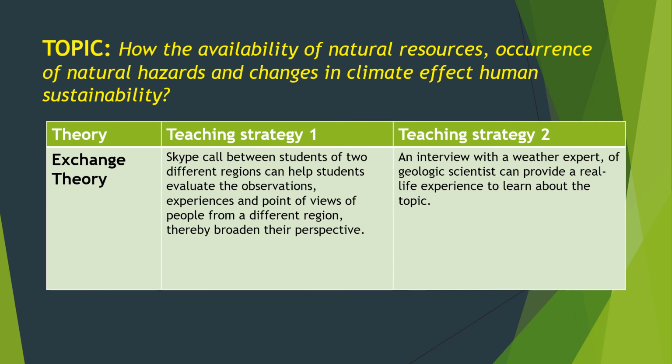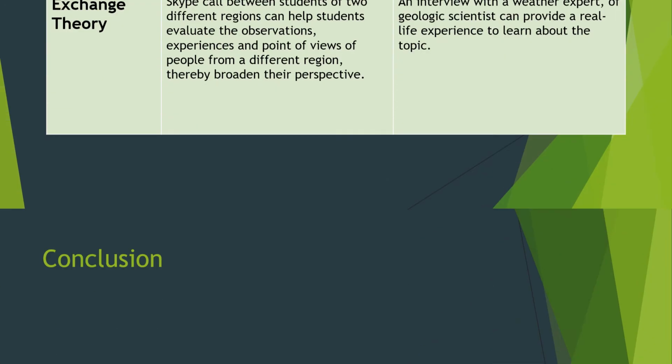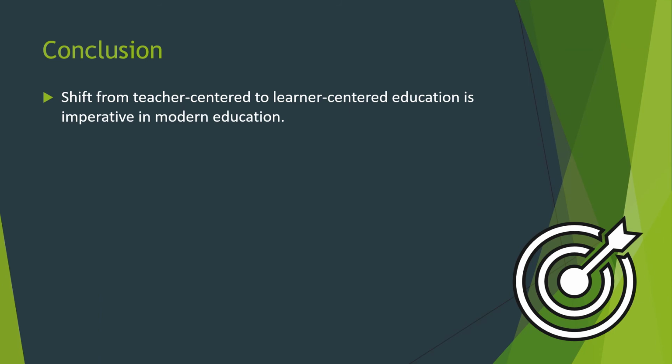Now we see that all the 5 models have got some interesting way to teach this topic. What do we conclude? The conclusions include this. It is imperative to shift from teacher-centered to learner-centered education in modern times.